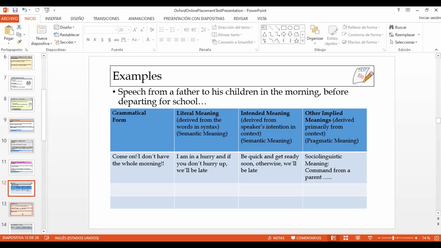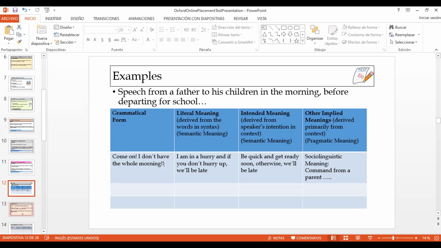So even when I am here talking in just a negative sentence, what he's really doing is commanding the children, giving an order. Be quick, be ready soon.